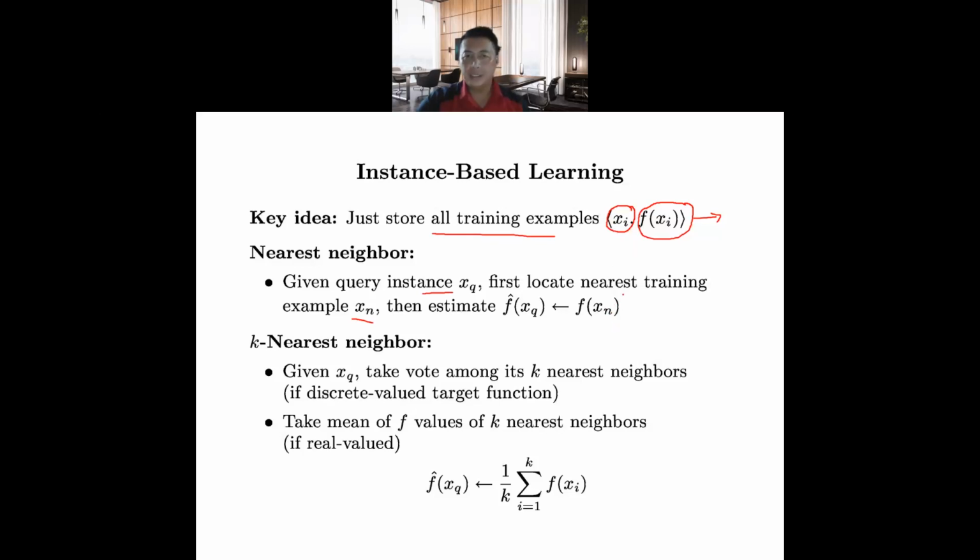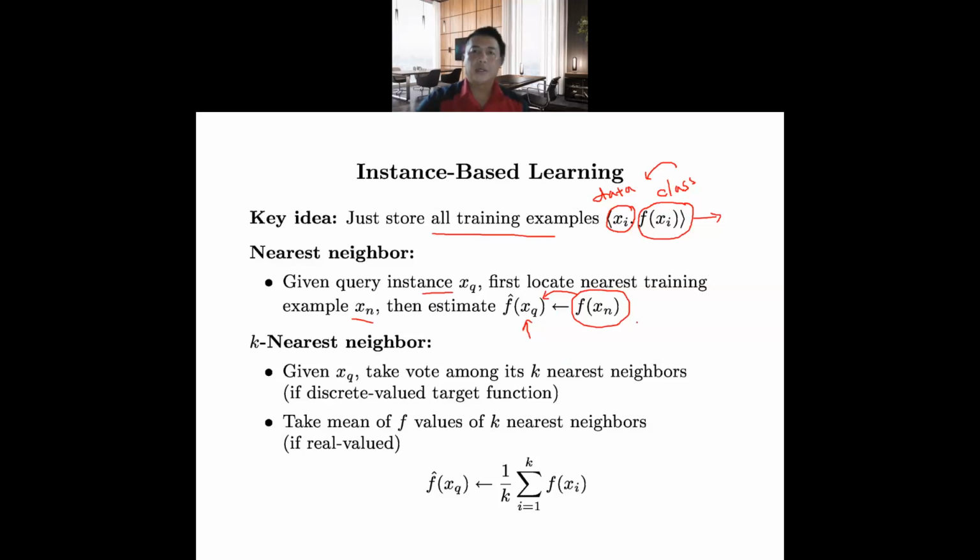So basically, this is your data, and this is the class for this data. When you have a new query data, you will assign it the class of the nearest neighbor.